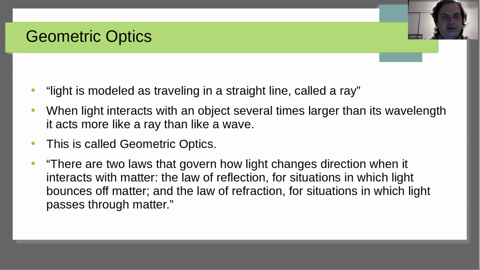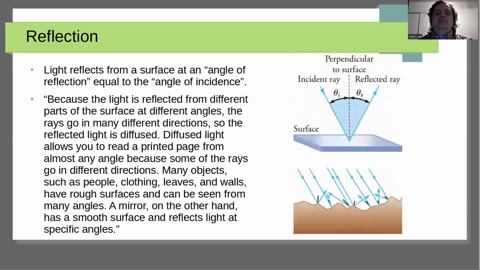Reflection is something that should be fairly obvious: it's just when a ray of light bounces off an object. The law of reflection says that the incident ray is going to be at the same angle with respect to the normal, which is the line perpendicular to the surface, as the angle of reflection.